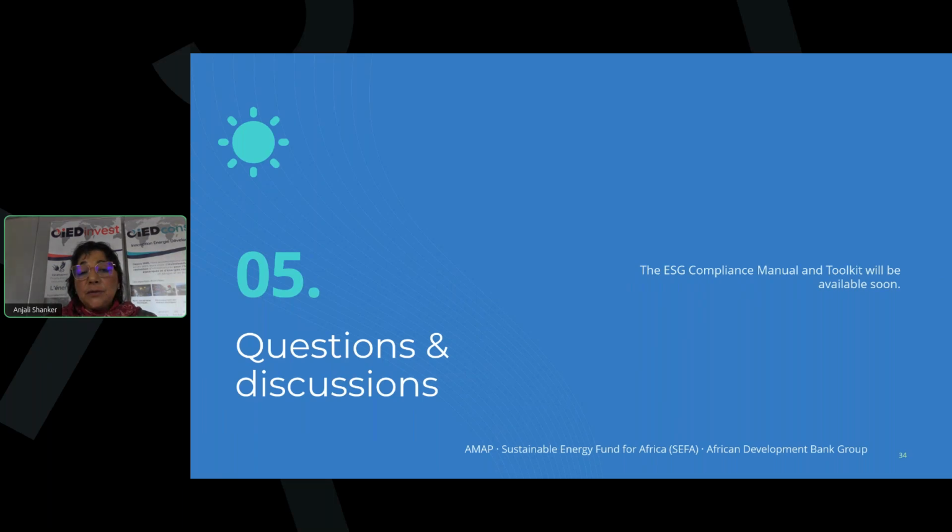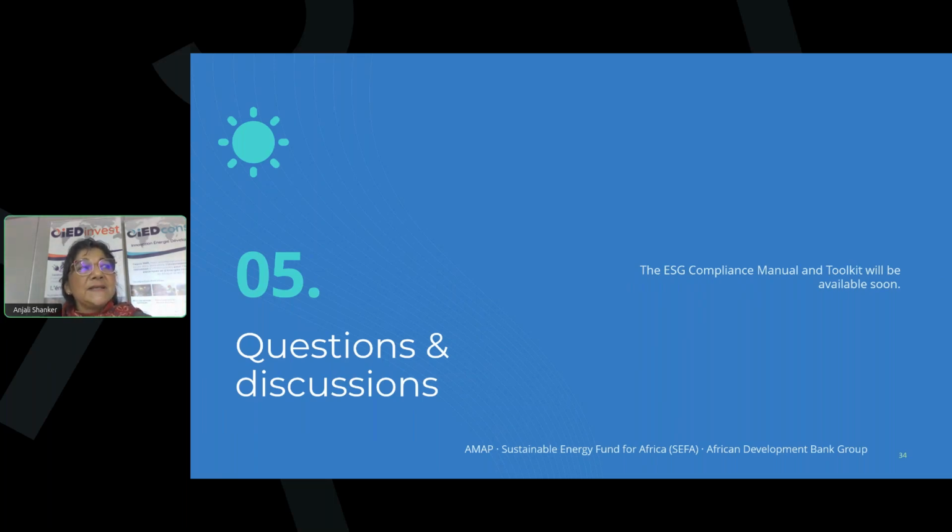And we also definitely feel that implementing this guidance driven by the ESG approach will really be a great support in ensuring the environmental sustainability and waste management of the mini-grids.